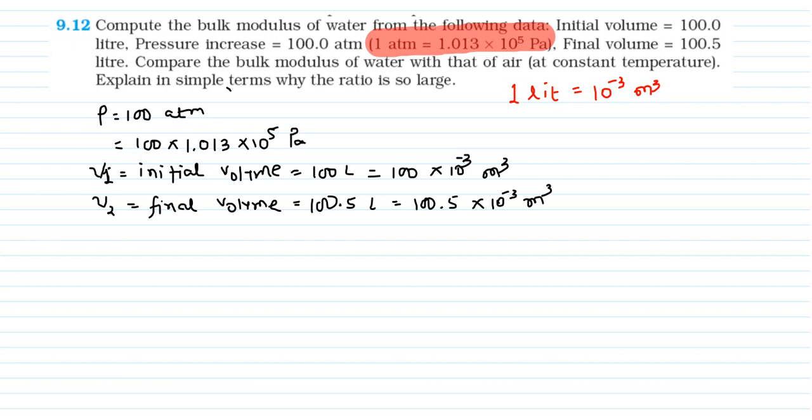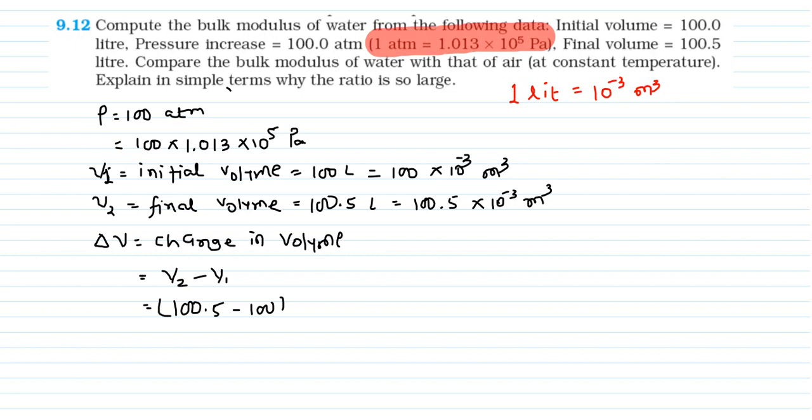Okay, now delta V is equal to the change in volume. That is V2 minus V1, that is equal to 100.5 minus 100.